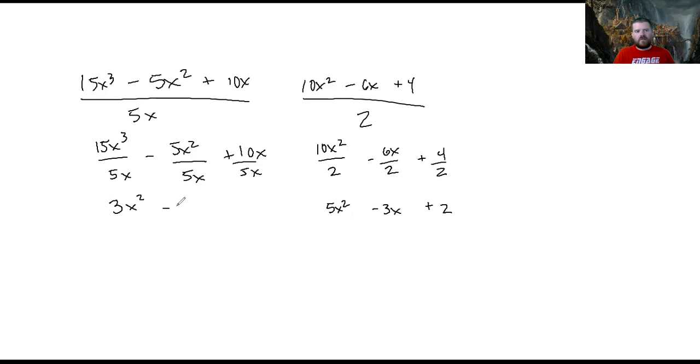So 5 divided by 5 gives me 1. X squared divided by x gives me x. The 1 is optional. Remember, anytime you have a 1 as a coefficient, you can include it. It's not wrong, but typically we won't write it. We'll just leave it as x. And then I have 10x divided by 5x, which gives me 2.